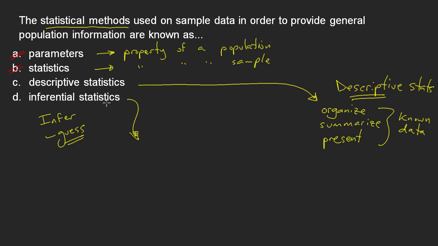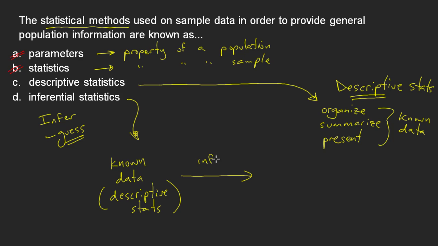Inferential statistics is what's happening when you are using known data, your descriptive statistics, to infer or guess at, the words that are actually used in the course are estimate or hypothesize.